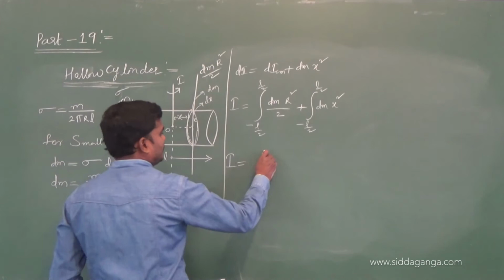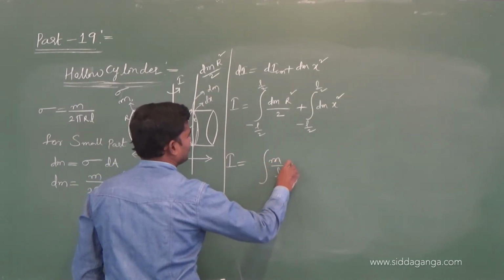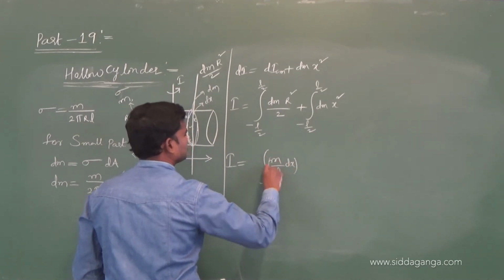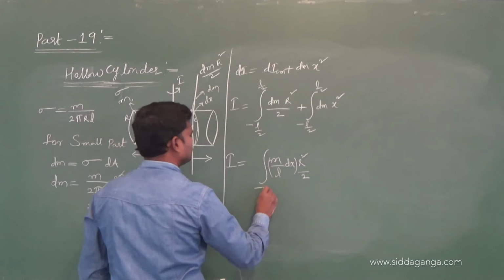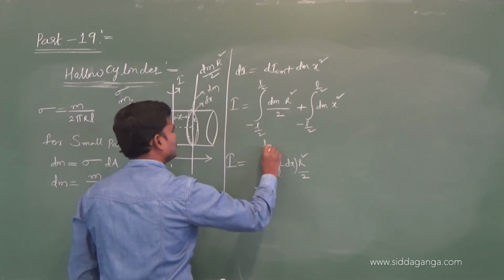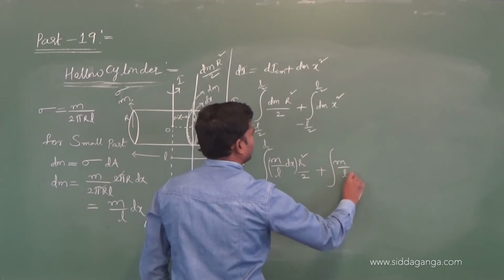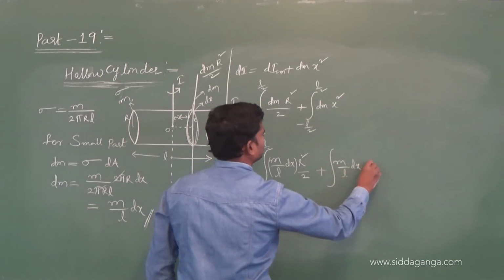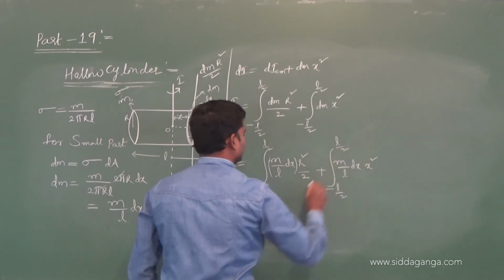See, here what is the dm? M by L dx. r square by 2 from minus L by 2 to plus L by 2. Integration of M by L dx, x square, from minus L by 2 to plus L by 2.